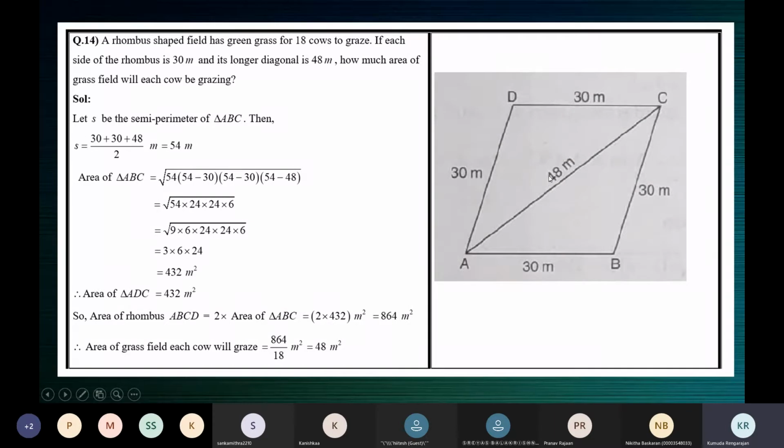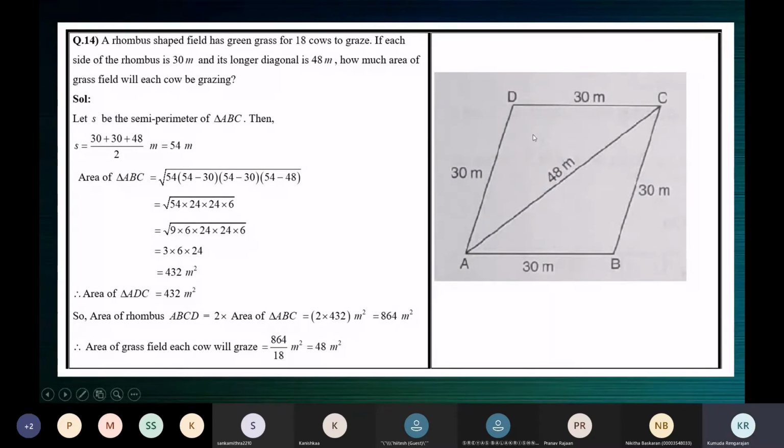There are 18 cows grazing on this field. What is the area of grass each cow will get? So find the area of the rhombus. Find the area of one triangle and multiply by 2, because the sides 30, 30, 48 are the same in both, so you will get the same area.